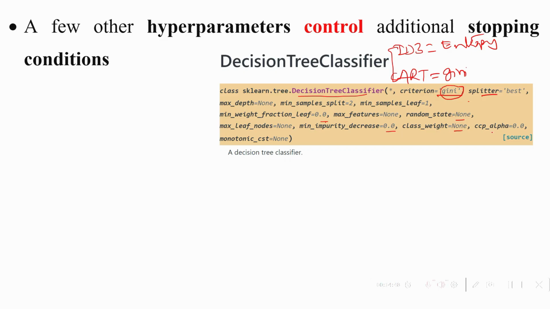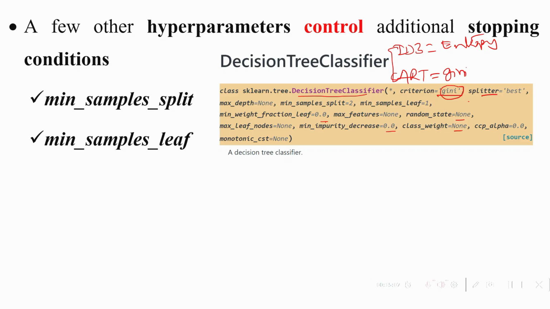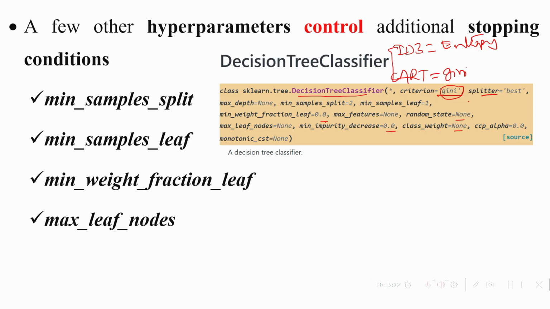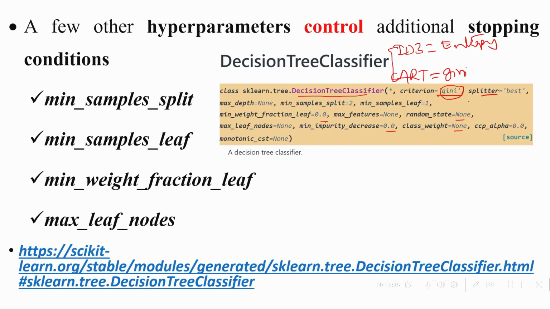Out of all these hyperparameters, the main important ones are min_samples_split, min_samples_leaf, min_weight_fraction_leaf and max_leaf_nodes. These hyperparameters control the construction of a decision tree.